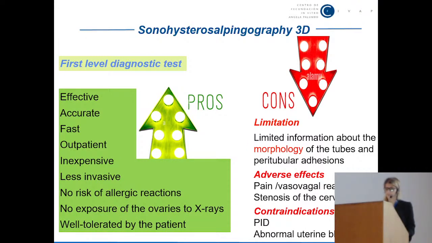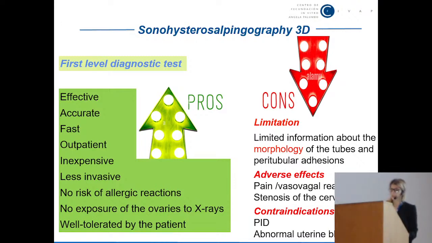3D sonohysterosalpingography presents several advantages: it is accurate, fast, outpatient, inexpensive, and well tolerated by the patient. Instead, a possible limitation is related to the evaluation of tubal morphology. However, with a high standard ultrasound device and expert operators, a lot of information can be obtained.